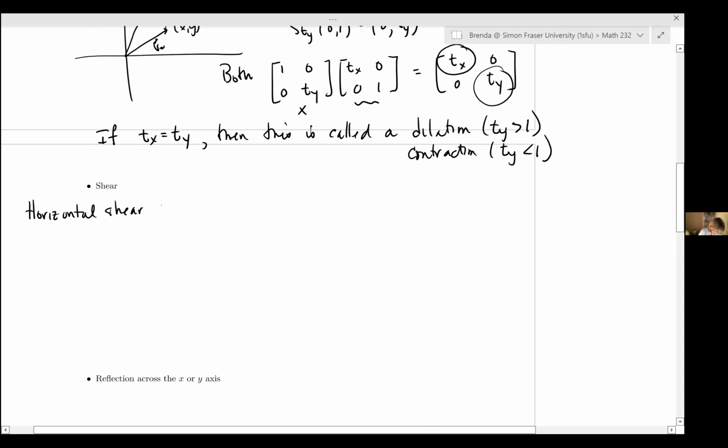There's horizontal shear, and what that does is it does nothing to one basis vector, and it does this to the other. Let's see what that looks like as a matrix.